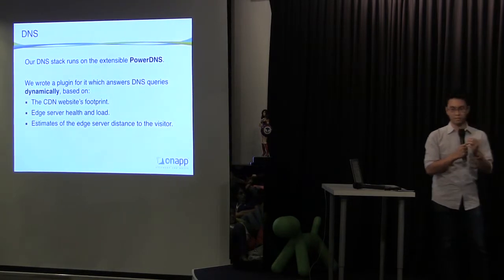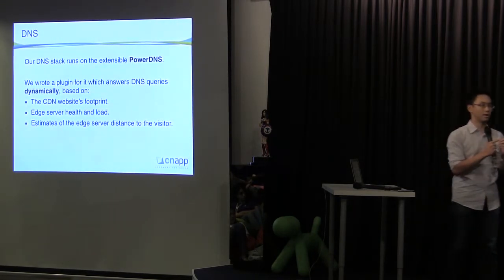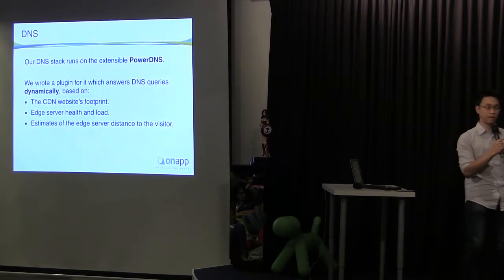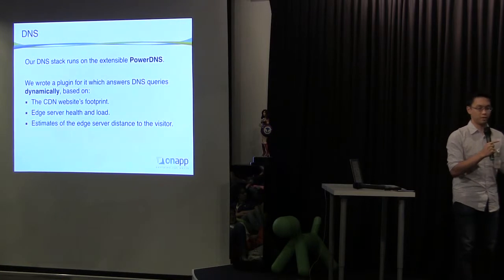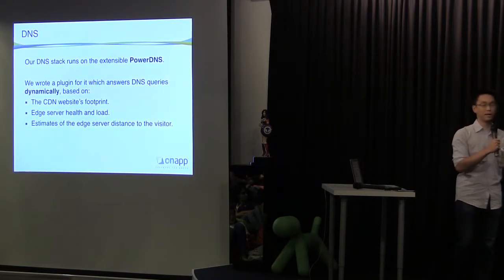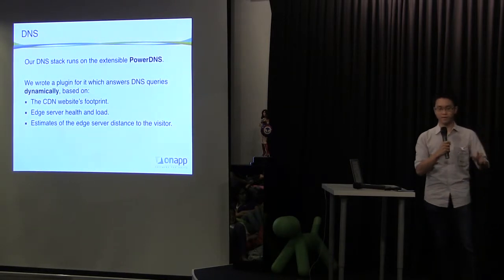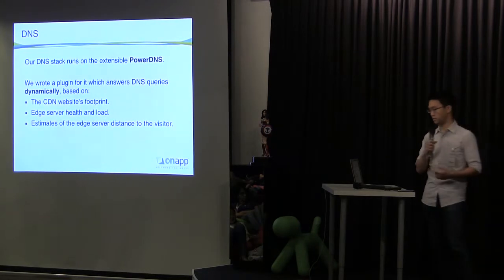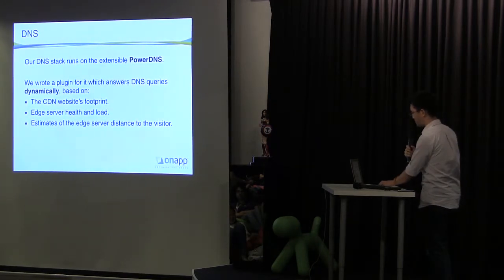So one of them is the C++ API, and another one is a very simple text-based protocol. It spawns your process, your plugin, and it'll send the query into your process as text, and your process will reply in text as well. And it also now supports an HTTP RESTful API.